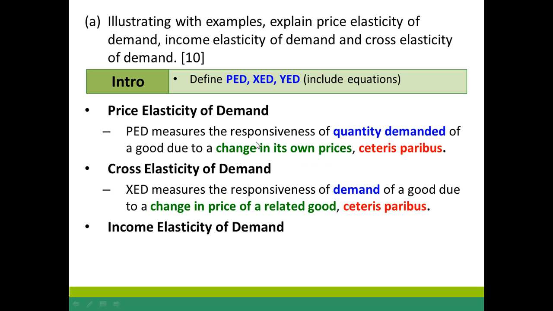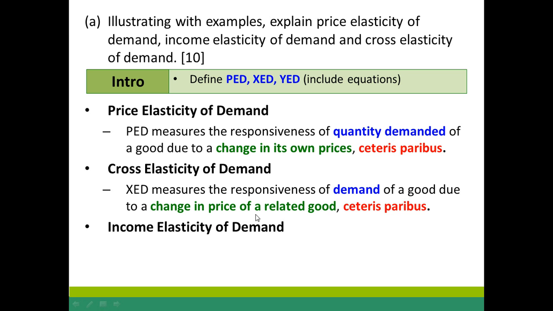So if I put these two definitions together, can you see what are the differences? Price elasticity of demand is the responsiveness of quantity demanded. Why is it quantity demanded? Because it is due to a change in its own price. So this is a price factor or a price determinant. Okay, XED measures the responsiveness of demand. And why is it demand? Because it is due to a change in the price of a related good.